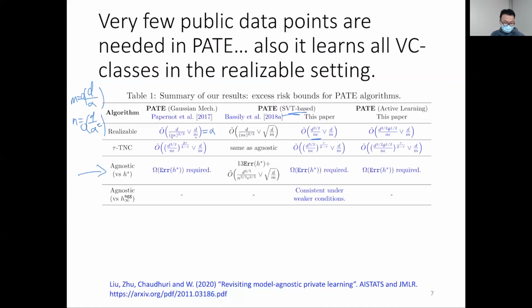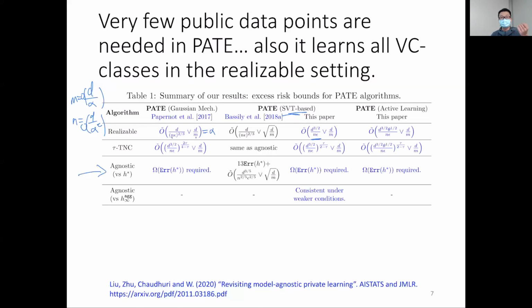It is known that even in the agnostic setting, there exists an unimplementable algorithm that does some kind of exponential mechanism that leverages a small amount of public data and achieves the information theoretic limit for the agnostic setting, and you actually learn almost as fast as in the non-private setting for constant epsilon. But by far, there isn't any algorithm known to date that is able to learn agnostically.